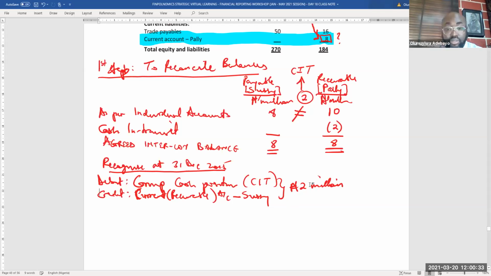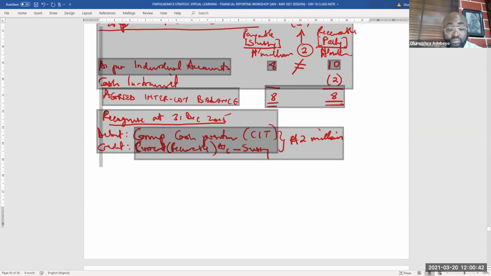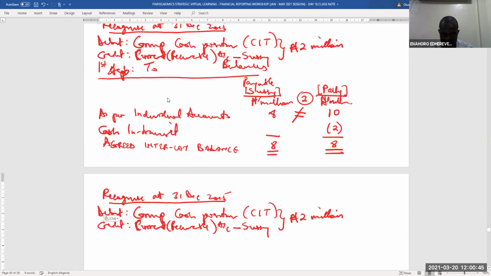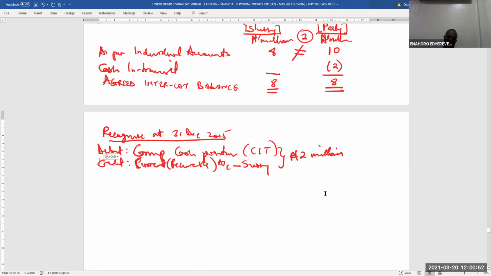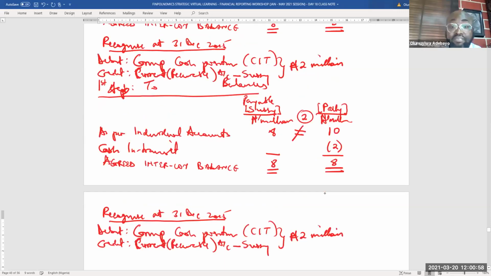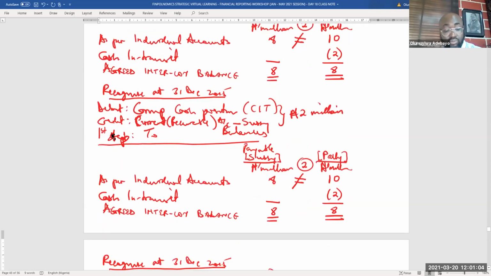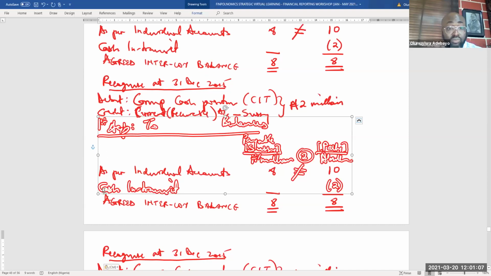I can also pass it in another manner, if I don't want it to affect... I'm trying to reduce this.